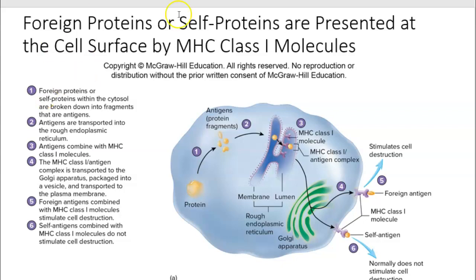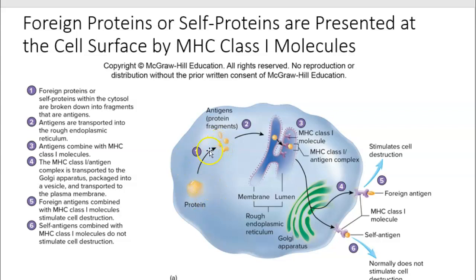It says foreign proteins or self-proteins are presented at the cell surface by MHC class 1 molecules. So here is a cell of the body, and it could represent any nucleated cell in the body. Here is a foreign protein or a self-protein inside the cell. It doesn't matter which one it is. If it is foreign, this can happen. If it is a self-protein, it can happen.